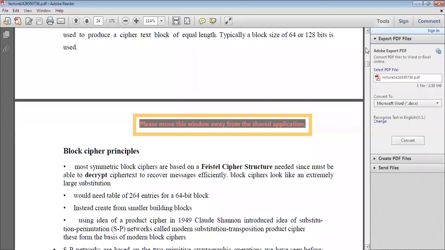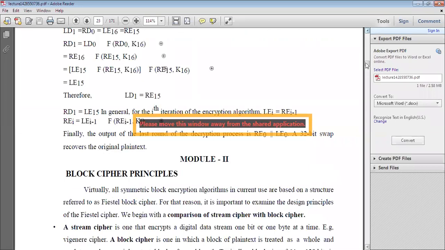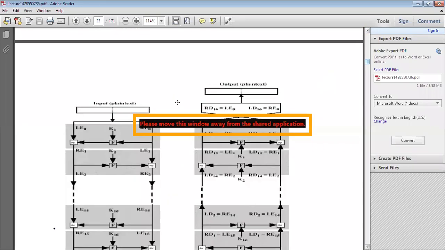Here this is the plain text. After you divide this plain text into blocks, that is the input given to the encryption algorithm, either symmetric or asymmetric. Generally, this structure is used in symmetric encryption only.